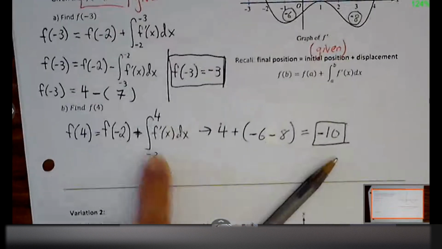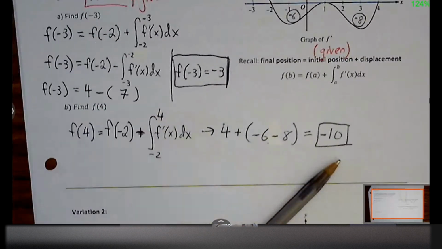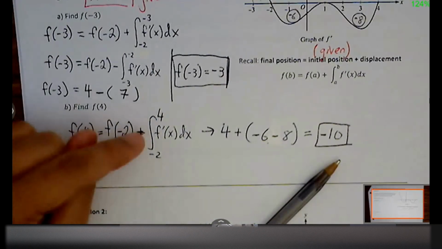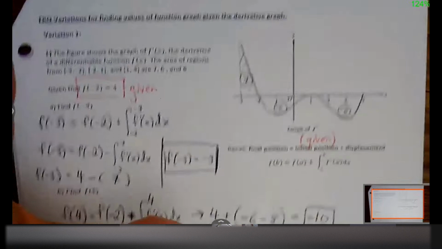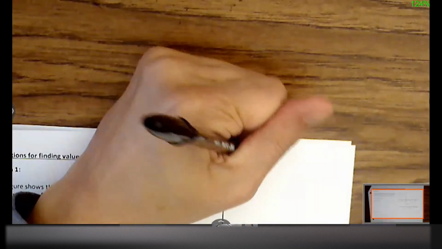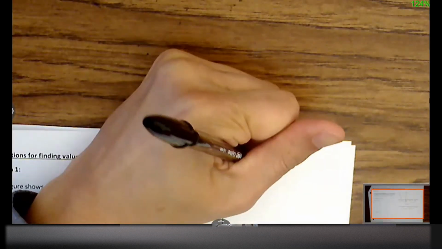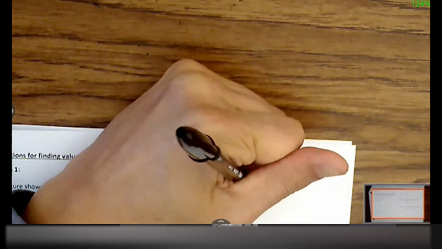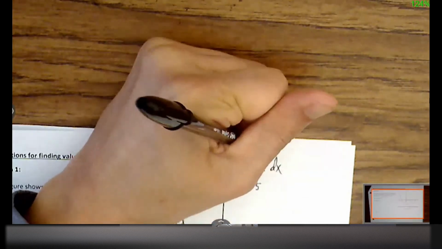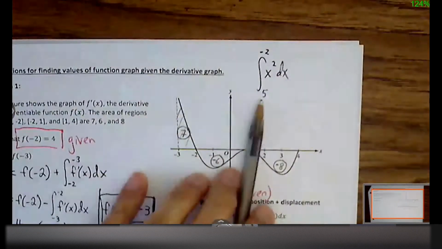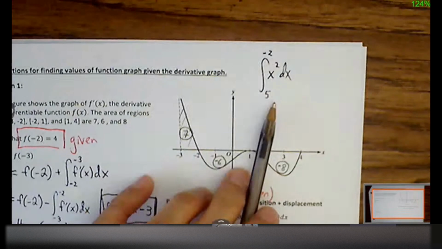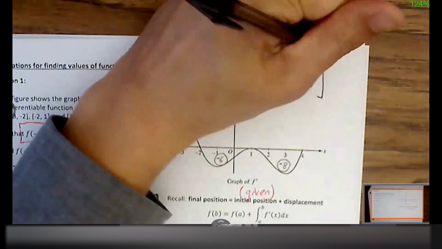But if your bounds are already in order from smaller to larger, then just leave it alone, right? Typically, we only need to adjust. Now, if it's a power rule problem, let's say you're trying to solve this by hand, and you're going from 5 to -2, I would say for this problem, there's no need to adjust the bounds. You can just do power rule, plug in your upper and lower bound, and things will just work out the way it's supposed to.